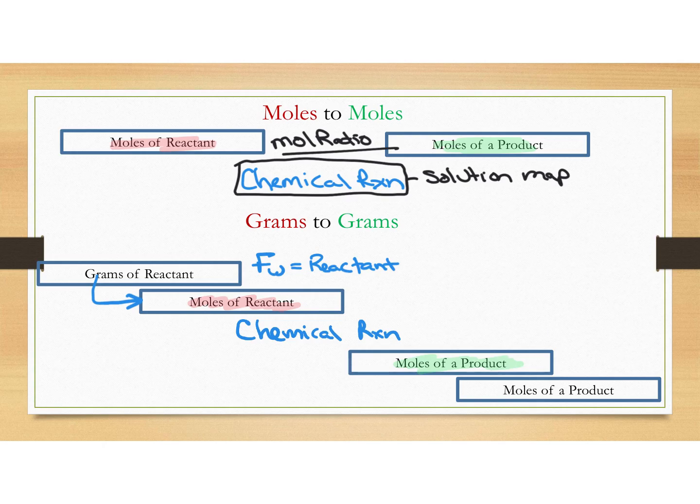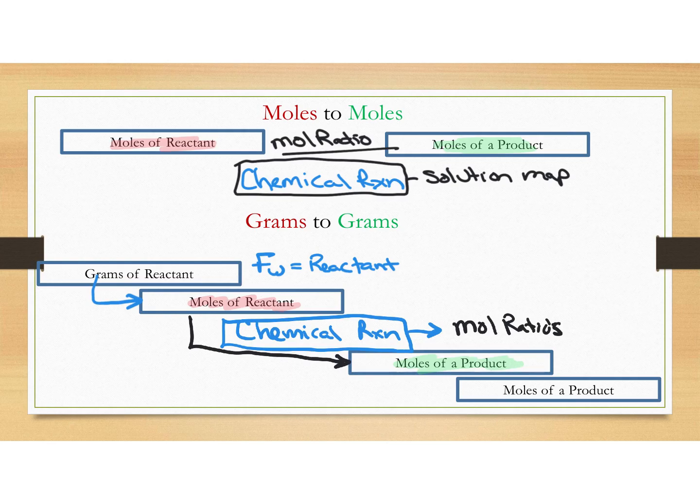With that chemical reaction, I get a solution map from which I then use the mole ratios. Okay, so I'll use the mole ratios to go from moles of a reactant to moles of a product.